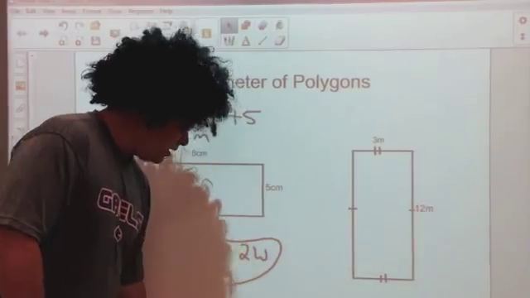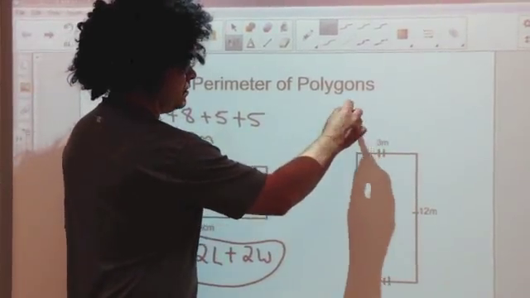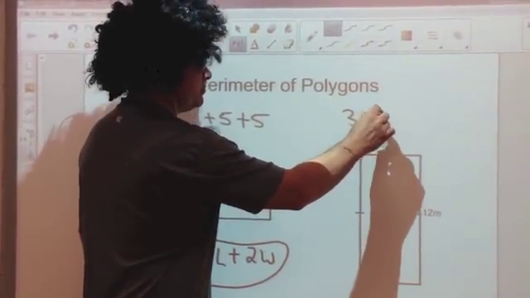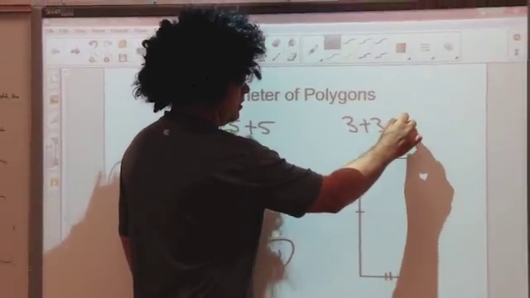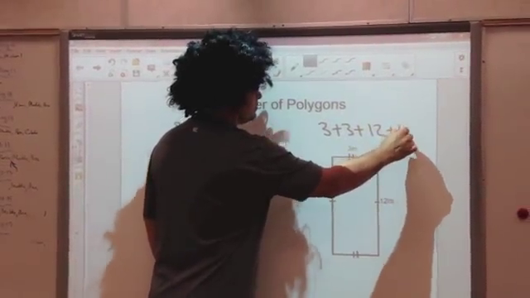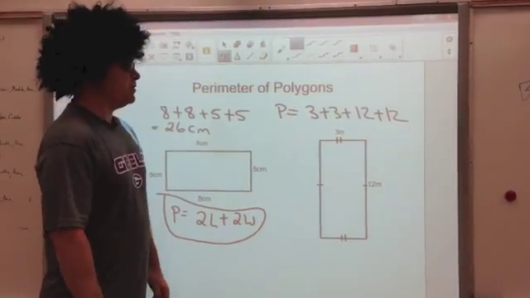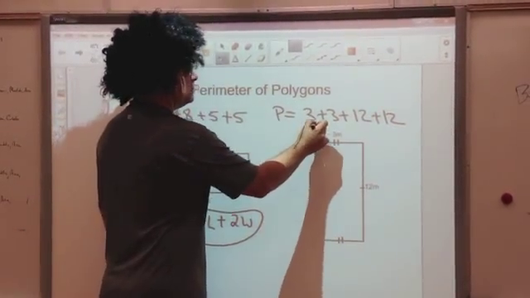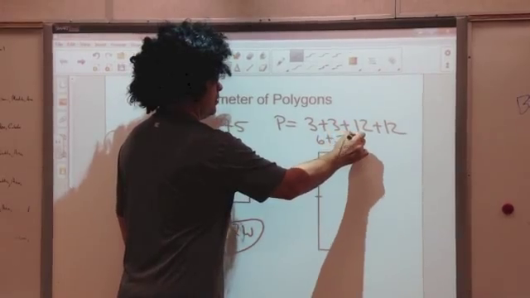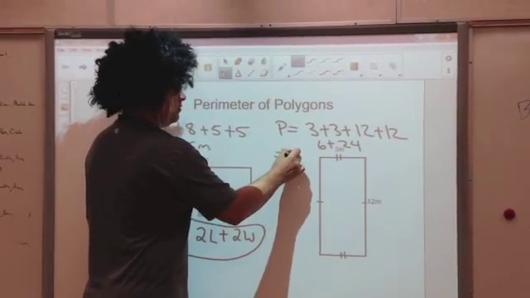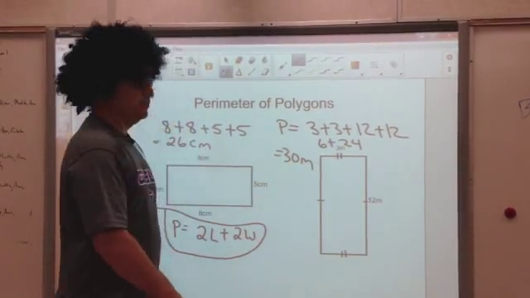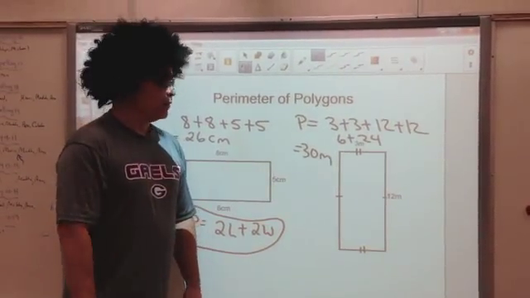So in this case, we'd have 2 3s plus 2 12s, and that would be our perimeter. So it would be 6 plus 24, which would give us 30 meters. Simple enough.